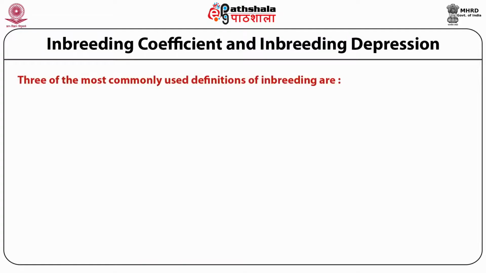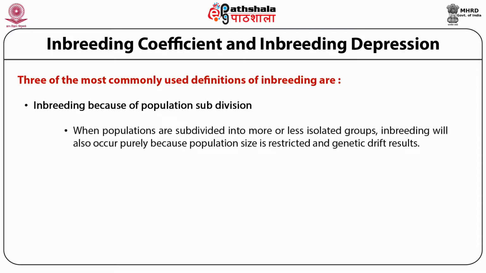Of the three most commonly used definitions of inbreeding, the third is known as inbreeding because of population subdivision. When populations are subdivided into more or less isolated groups, inbreeding will also occur purely because population size is restricted and genetic drift results.